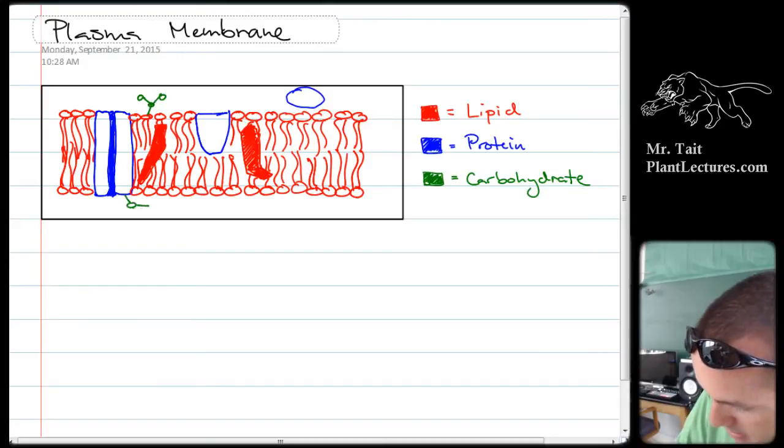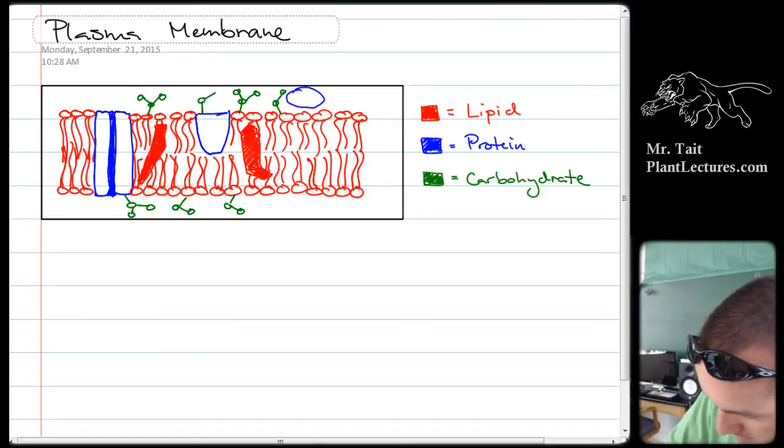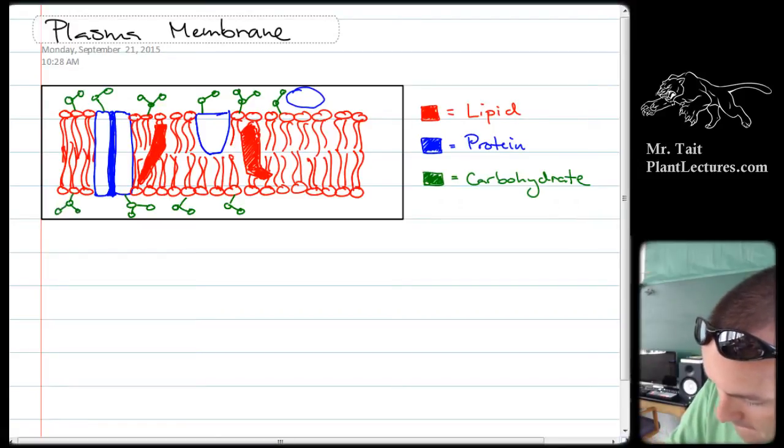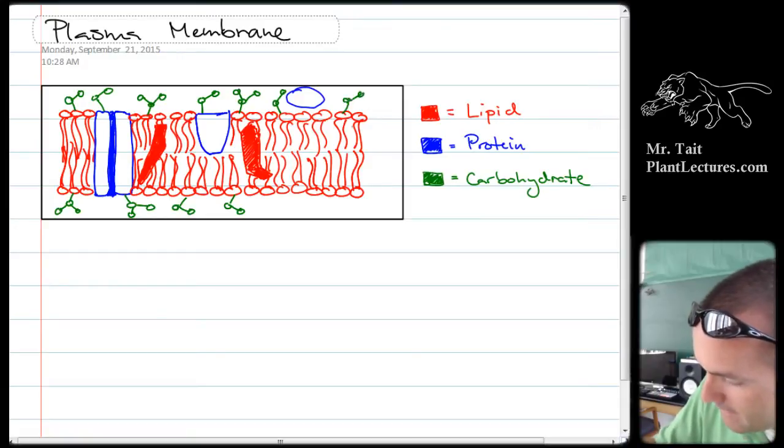Some of them are attached to proteins. Some of them are attached to phospholipids. There's no rhyme or reason to how many little branches I'm putting on these things. Something like this.